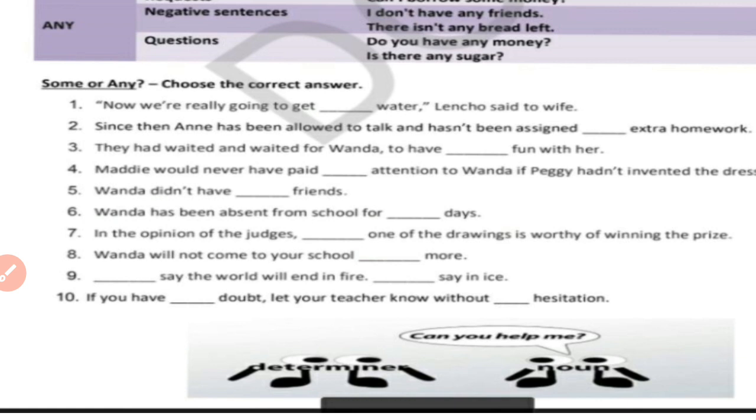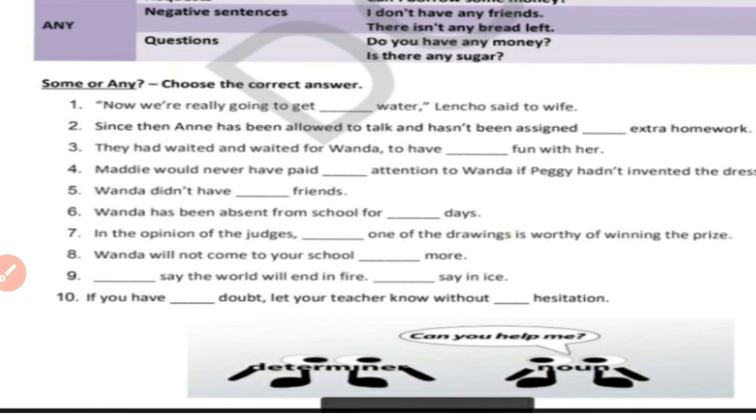Next, Wanda will not come to your school anymore. Which determiner will be used here? Any. Now next: some say the world will end in fire, some say in ice. Here it is a simple sentence.